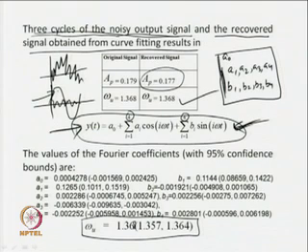Had there been no noise added to the system, we do get the peak H AP is equal to 0.179 and the ultimate frequency as 1.368.